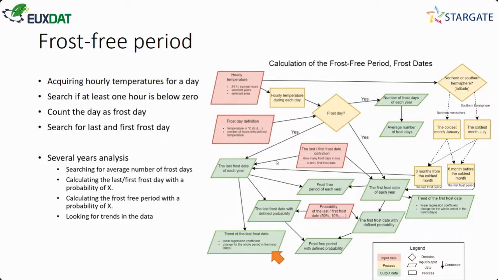So this is not that ideal actually for frost-free, and we have to be very careful with that. But we also plan to work with some correlation to meteorological stations, and that's how you can calibrate the global data to local conditions.